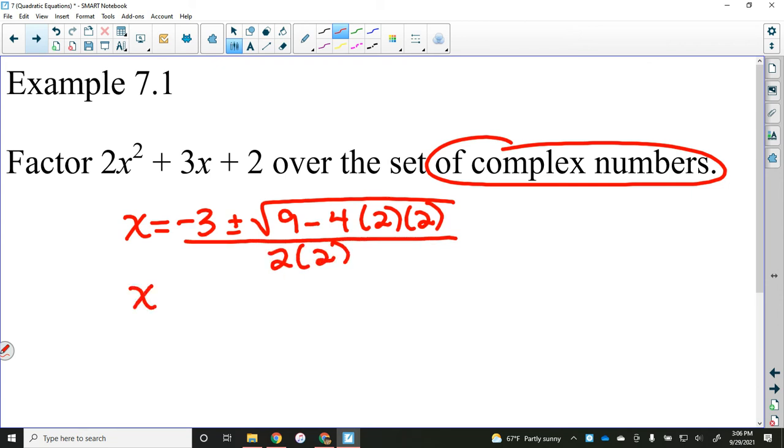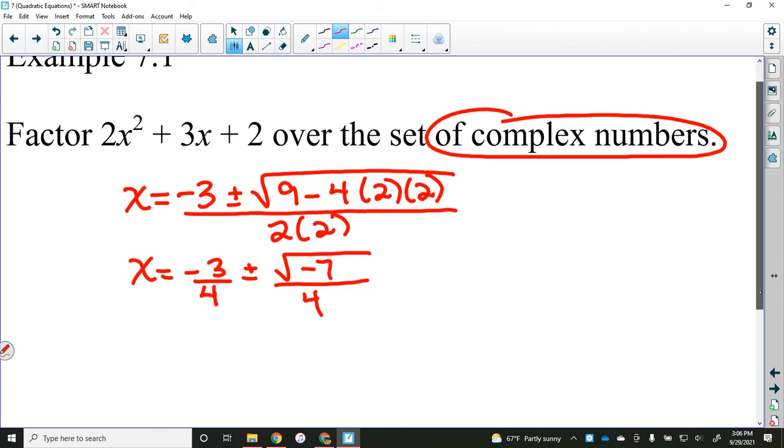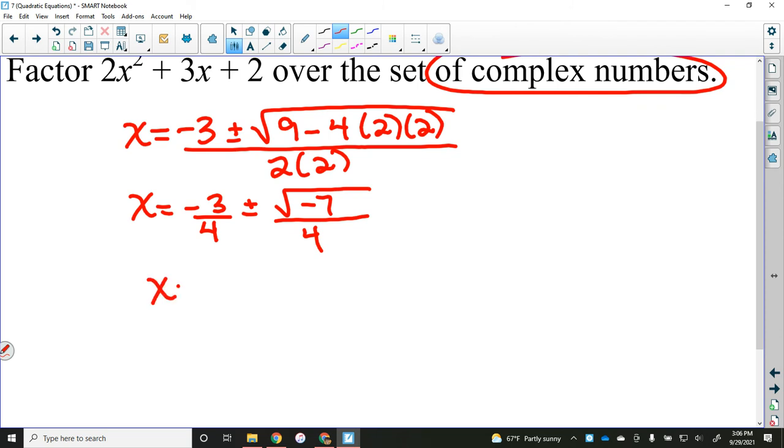All right, so that becomes -3/4 plus or minus the square root of what over 4? 9 minus 16, negative. So that would be -3/4 plus or minus square root of 7i over 4. They just leave the over 4, okay.